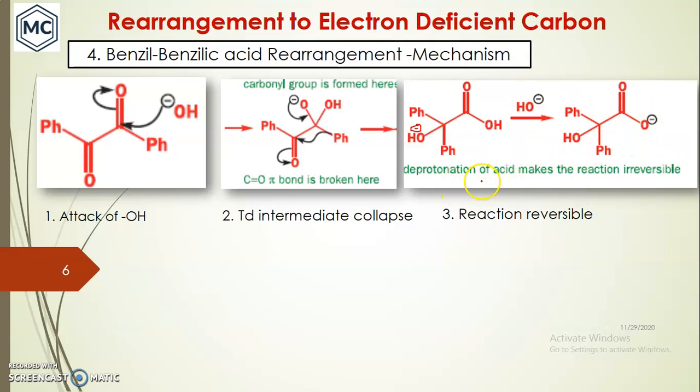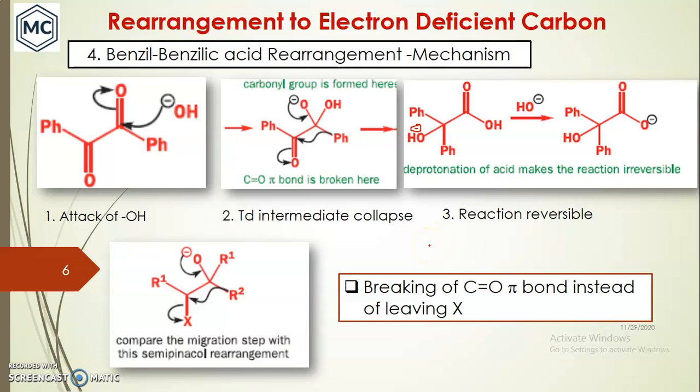So this is deprotonation of the acid to make this reaction irreversible. So this forms a salt. This can be removed from the product. Then the equilibrium of the reaction will be towards the product direction.